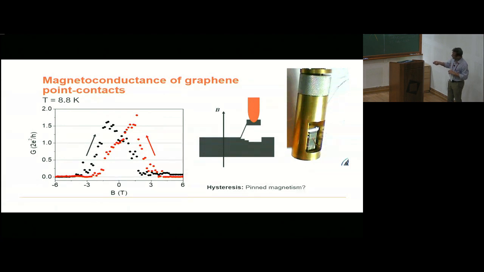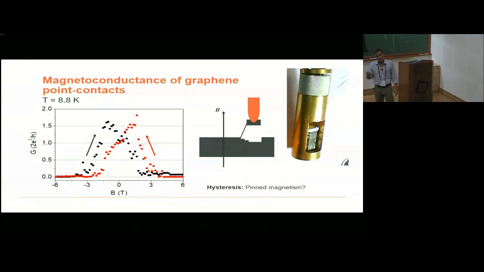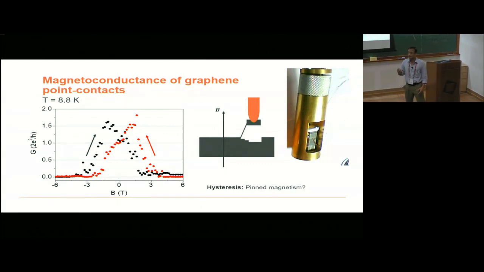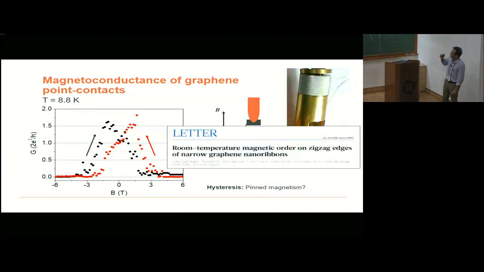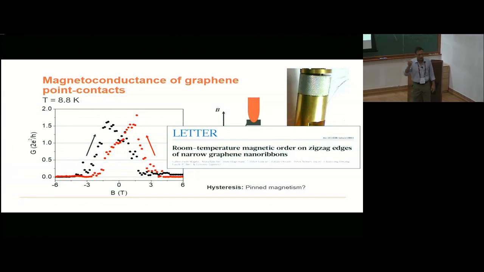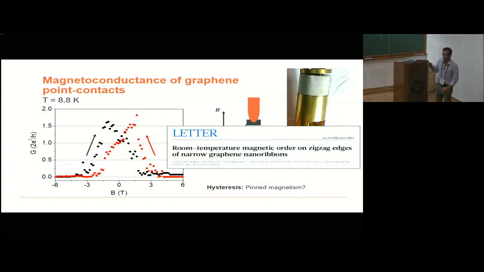But the back and forth directions of the magnetic field are not on top of each other; it gives you a hysteretic nature, very similar to what happens in a ferromagnet or a frozen magnetic system, okay? We were not too surprised by that because there was already evidence in the literature that probably the edges of graphene are a magnetically ordered phase. We didn't know what the origin is. Probably the origin is Coulomb interaction, but we didn't want to go too much in that direction.